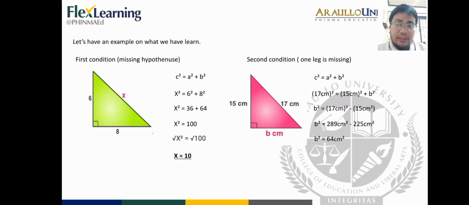And we need to get the square root of both sides to get b, and then b is 8 centimeters. So I hope you learned about the Pythagorean theorem, and we can use it in many fields. And that's all. Thank you, and God bless.